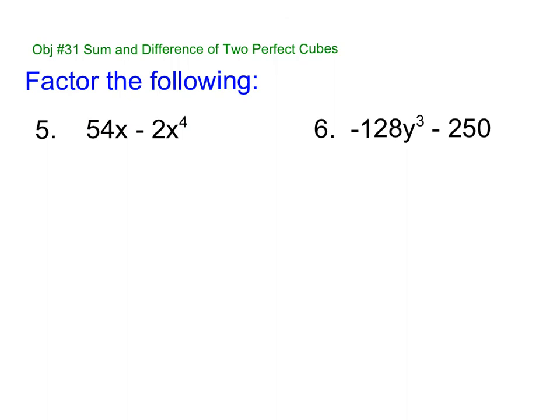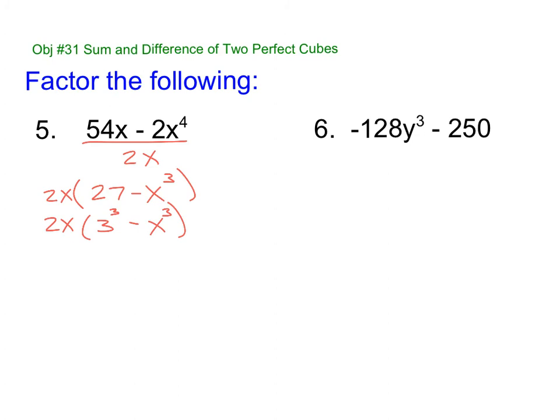All right, last one. These are a little harder because there's a GCF. So pause the video and try these. So my GCF here is 2x. So I'm left with 27 minus x cubed, which is 3 to the third minus x to the third. Now, if you want to divide out a negative one and switch them, you can.